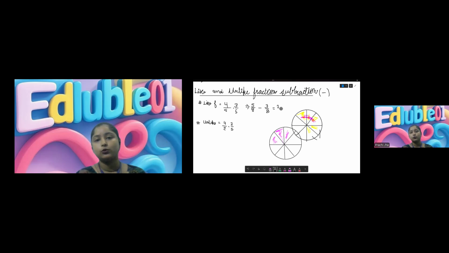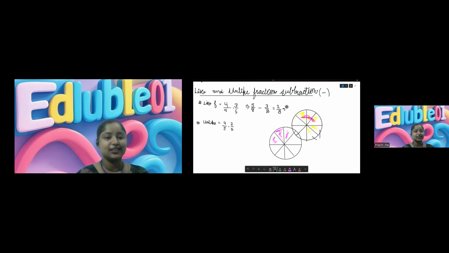We have 2 over 8 left. You just need to do the operation on the numerator as you did in addition. That rule is the same. What's the key rule? All the operations of addition and subtraction in a like fraction work only on the numerator, nothing else.